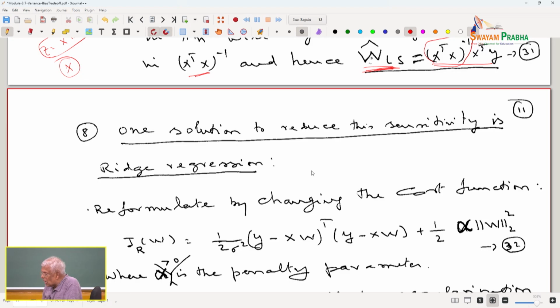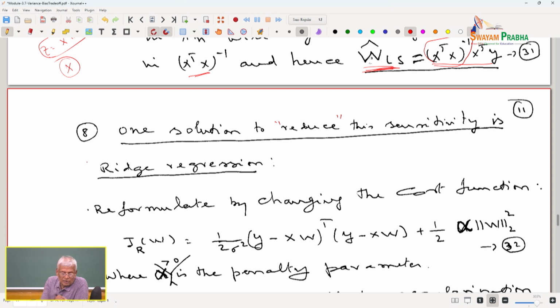And we just saw sensitive calculations are very difficult to do in computers, because even a small change in the data will lead to large changes in the estimate value, and that is not good from a computational perspective. So, we are now seeking methods by which I can reduce the sensitivity.